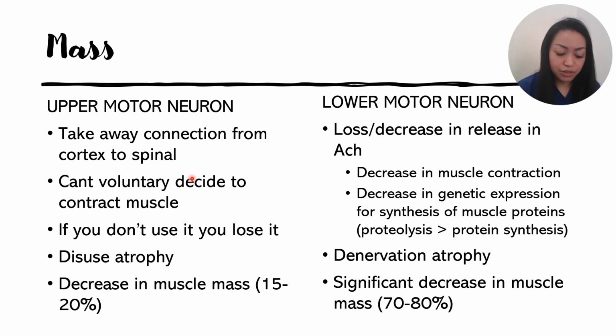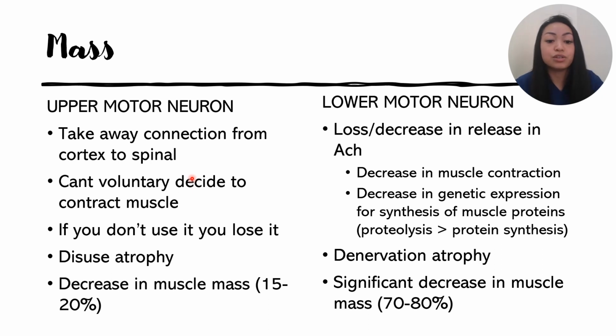Have you heard of the phrase, if you don't use it, you lose it? This is exactly what happens in upper motor neuron lesions. Because I lose the ability to voluntarily contract my muscles, I don't use my muscles, so I lose my muscles. And this leads to atrophy, a specific kind called disuse atrophy, because I'm not using them.